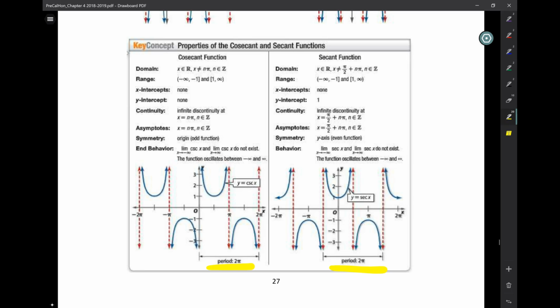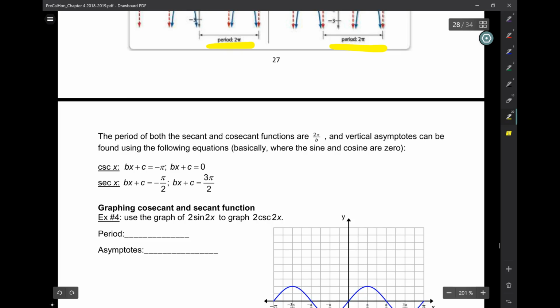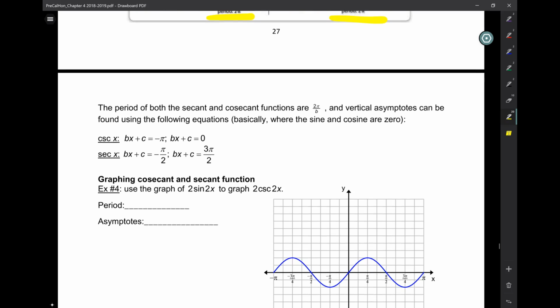Always. It's the same as sine and cosine. So the period for both secant and cosecant is 2 pi over b. And the asymptotes are where the sine and cosine are 0.